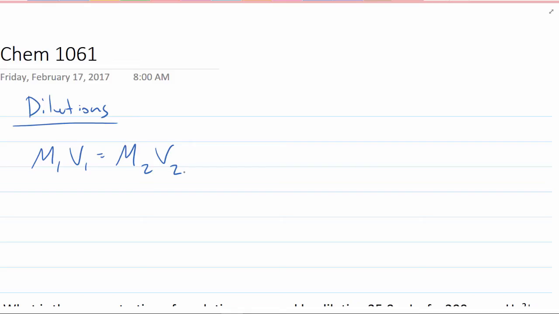Now, just so you are aware, dilutions do not only work with molarities, but they work with a wide range of concentrations. So very often I like to rewrite this dilution formula as C1V1 is equal to C2V2, where C then would stand for concentration, V for volume.